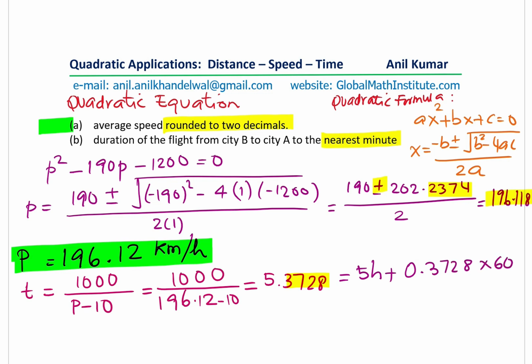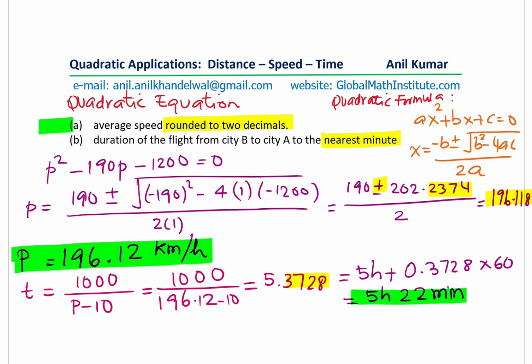So when you multiply by 60, you get minutes, which is 22.37. So here we get this as 5 hours 22.3, which means 22 minutes. So this becomes 22 minutes, and this is the solution for A to B.